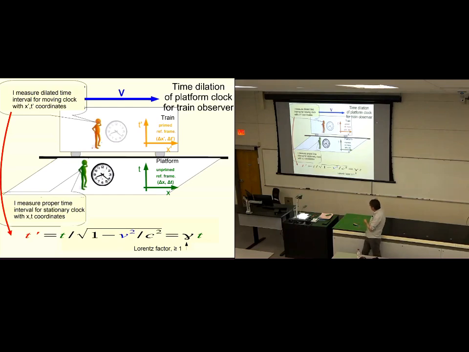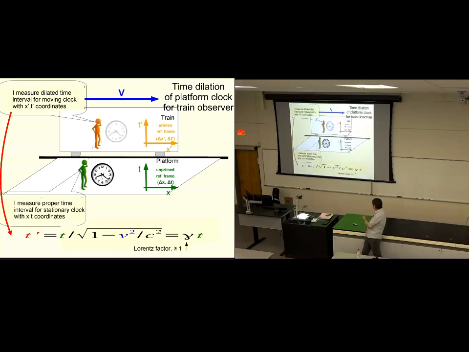It says that the time interval between ticks of the clock on the station, as measured by this observer who's seeing that clock as moving, is the proper time between them, as seen by this observer in green who sees the clock as stationary, divided by this quantity, the square root of 1 minus v squared over c squared.